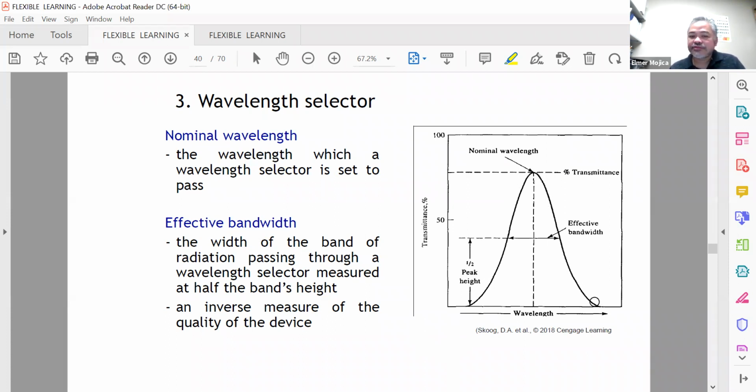Okay, so the effective bandwidth that we want is just the width of the band of the radiation passing through a wavelength selector, measured at half the band's height. So that's, we could say, the effective bandwidth here. Okay, and it's usually an inverse measure of the quality of the device.